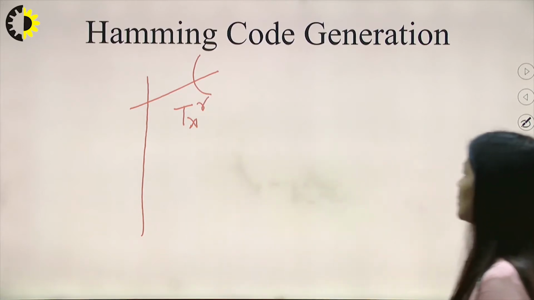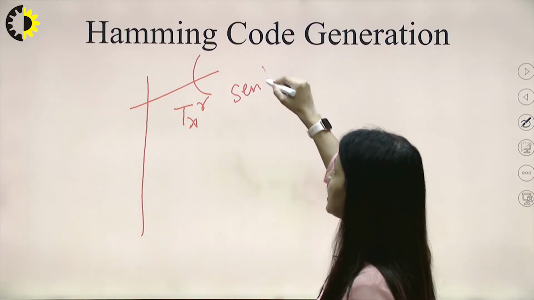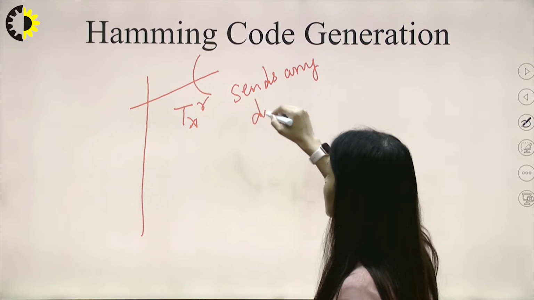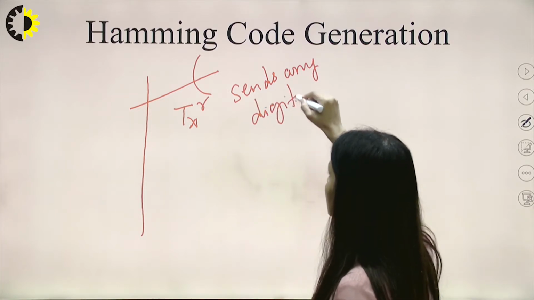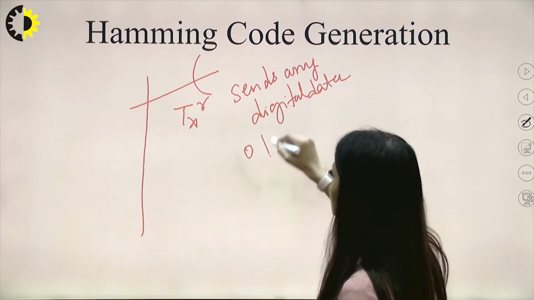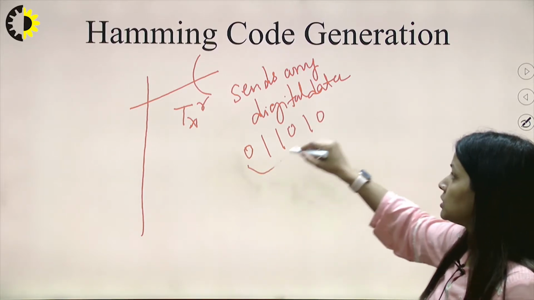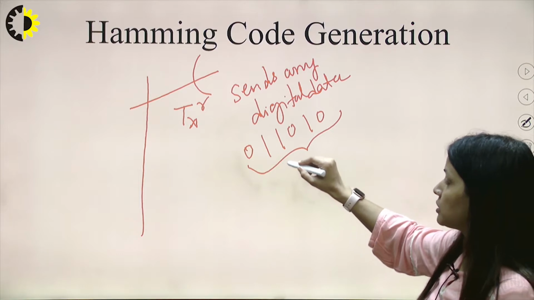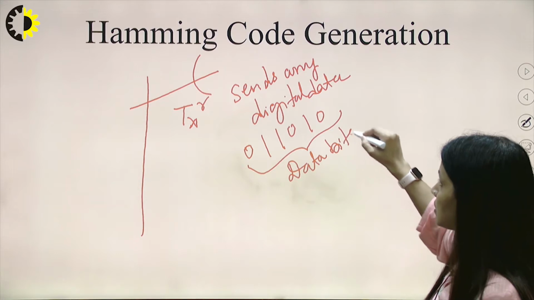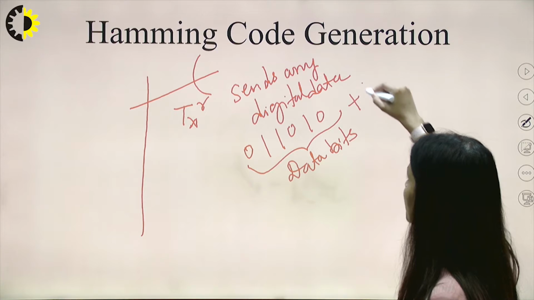So whenever transmitter sends any digital data or any stream of 0 1 0 1 0 like that, this data or information, data bits, are sent along with some parity bits.